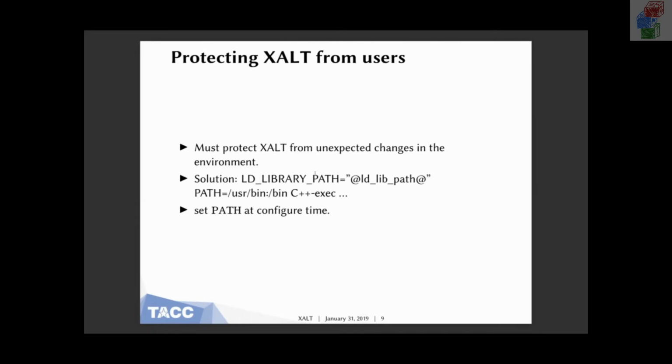The way that I do this is by remembering the LD library path that was there at configure time, and also setting the path at configure time for all the internal executions that happen with XALT, which I call C++ programs inside. This protects me from the user doing something bad to my environment. By setting both LD library path and path, I can avoid that. So all I have to do is get it right once at configure time, and then the user's changes won't affect XALT.